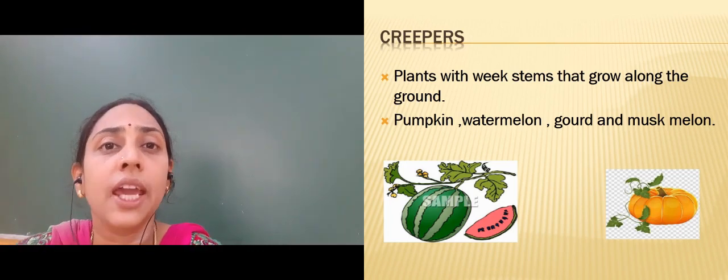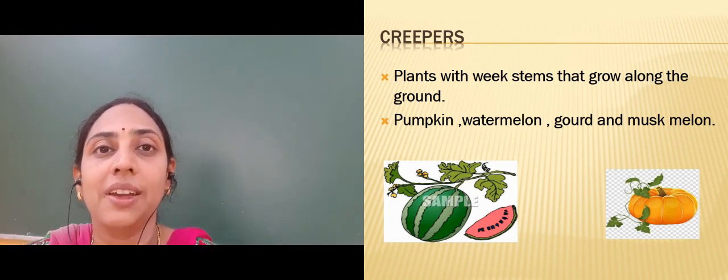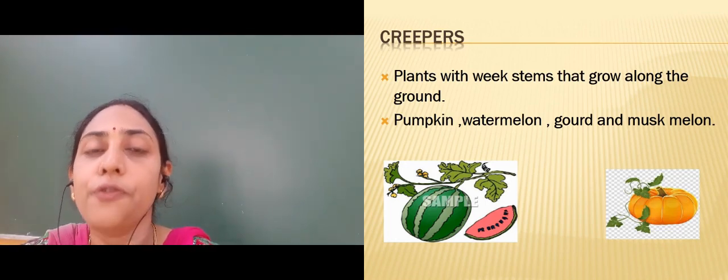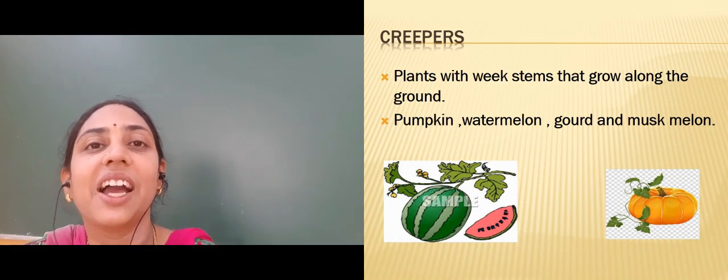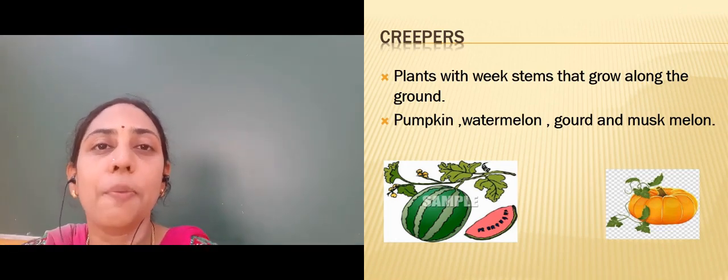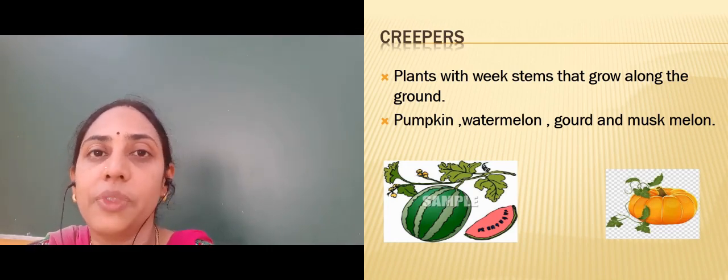Have you seen a snake? What is the movement of a snake called? Creeping, right? Just imagine a snake creeping on the ground. In the same way, these creepers also creep on the ground. That means they grow along the ground because they bear very heavy fruits.